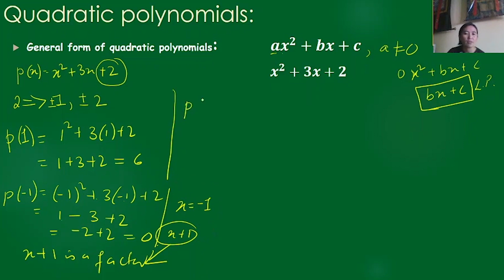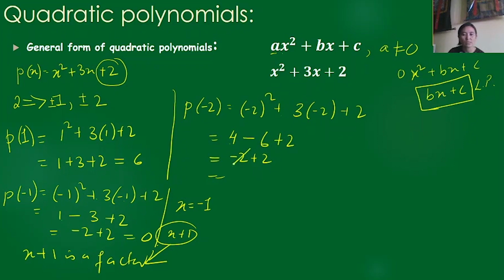So let's say P of minus 2, which is equal to minus 2 square plus 3 times minus 2 plus 2. Minus 2 square is plus 4, and plus into minus is minus, 3 into 2 is 6, plus 2. So 4 minus 6 is minus 2, plus 2, so they get cancelled. You'll get 0.